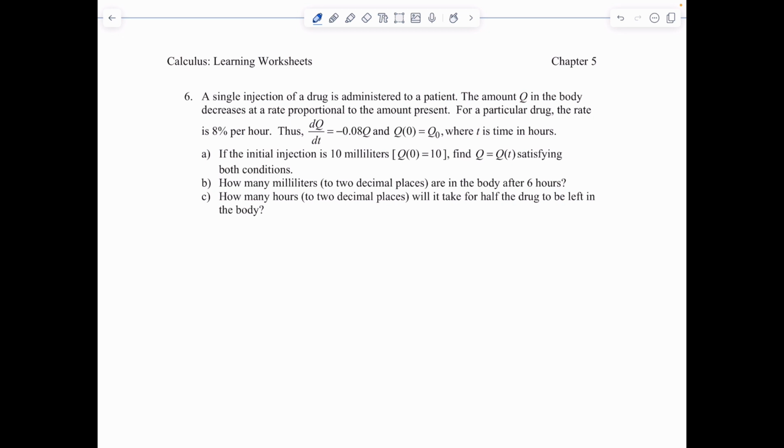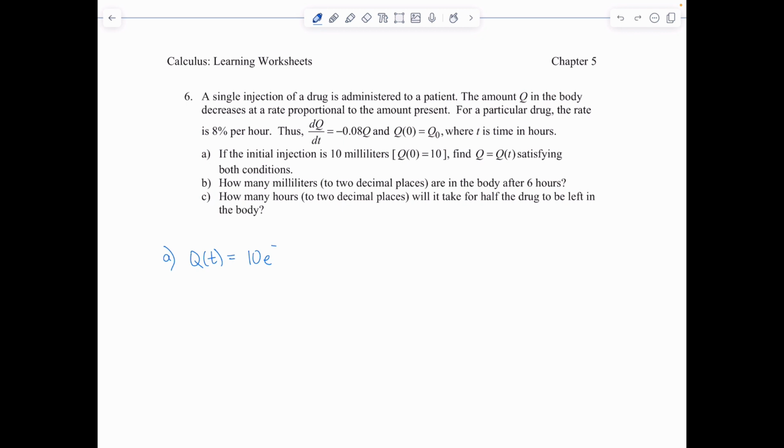So we have an exponential decay based on the amount of the drug decreasing. So we'll start with our equation, Q of t equals, we're starting with 10 mils, e, and then we have negative rt, so it's decreasing at 8% per hour.